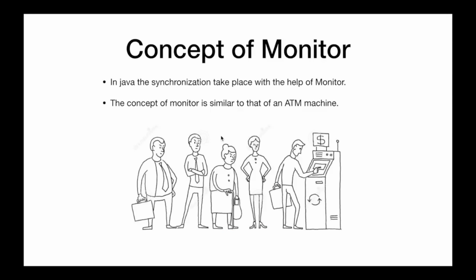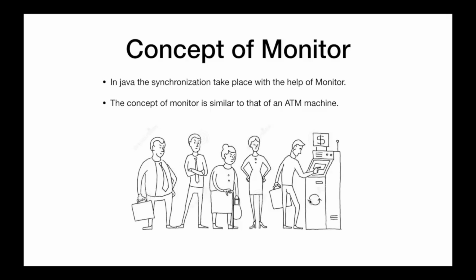To understand synchronization, you will have to understand the concept of monitor, because in Java, synchronization takes place with the help of monitor. The concept of monitor is similar to that of an ATM machine. In the diagram, you can see that we have an ATM machine and we have a queue of people. When one person has access to the ATM machine, the other people wait for their turn.